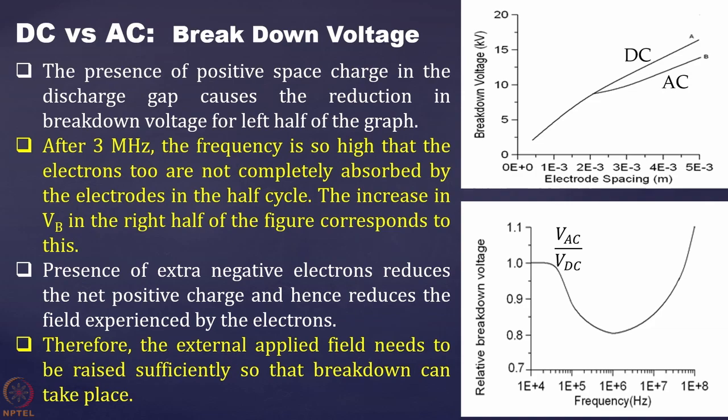So that additional positive space charge is now assisting you with an additional field which is helping you to get the breakdown. So that is why you are now getting a reduced breakdown voltage, because of the assistance from the positive space charge which was there within the discharge tube.